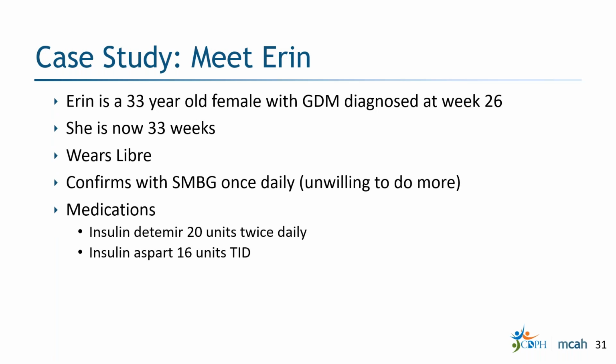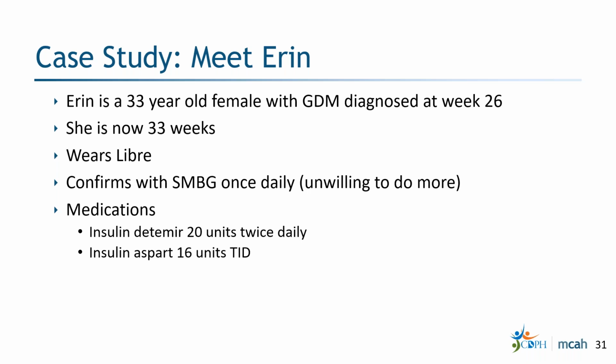So I want to share another case with you now that's a little bit different. This is Erin. She's a 33-year-old female, and she has gestational diabetes that was diagnosed at week 26 in the pregnancy, and now she is at week 33. She is wearing the Libre, so she's wearing an intermittently scanned CGM, and she has been confirming a little bit with self-monitoring of blood glucose, but she's basically not willing to do more than once a day.